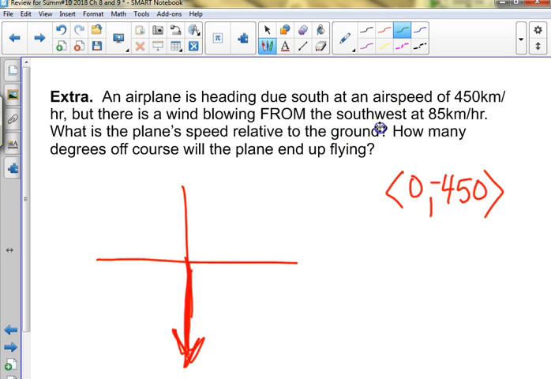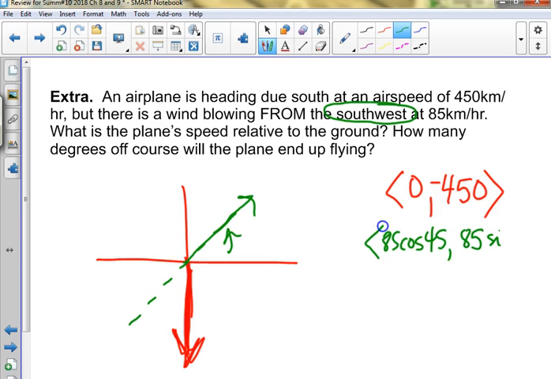It's not southwest on the quiz, but when it says just southwest, southeast, northeast, northwest, it's telling you at a 45 directly, okay? It didn't give you the angle. But it says from, so the picture would look like this on your quiz. So what angle are we going to do? Yeah, just be 45 off the x. So we're going to add 85 cosine of 45, 85 sine of 45.